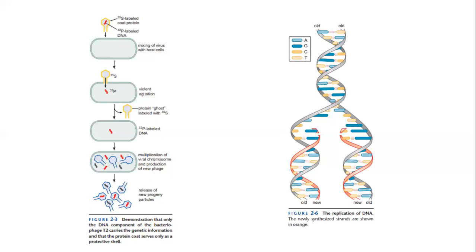Purine A always pairs with pyrimidine T, and purine G always pairs with pyrimidine C. In a double helix, the number of A is equal to the number of T. That means the number of adenine is equal to the number of thymine, and the number of guanine is equal to the number of cytosine. And that was called the Chargaff rule.